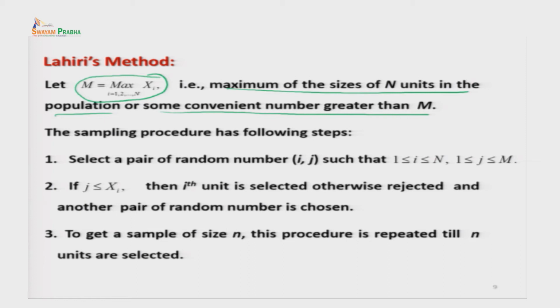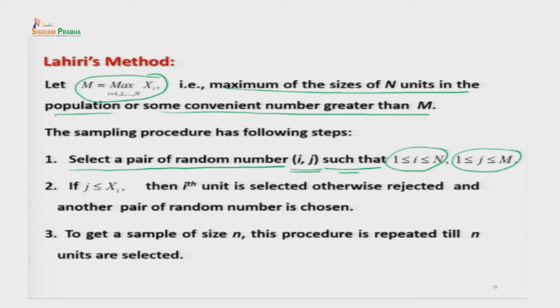Now, the selection procedure of a number using Lahiri's method involves choosing two numbers from the random number table instead of one. The first step is to select a pair of random variables, say i, j, such that i is lying between 1 and capital N and j is lying between 1 and capital M. What is the difference?